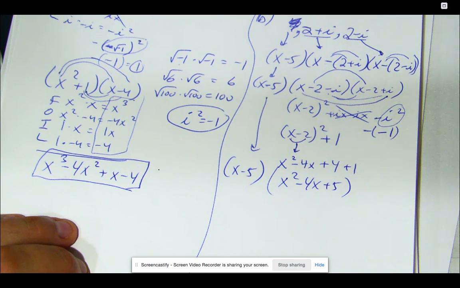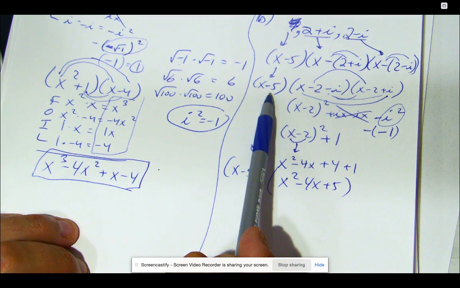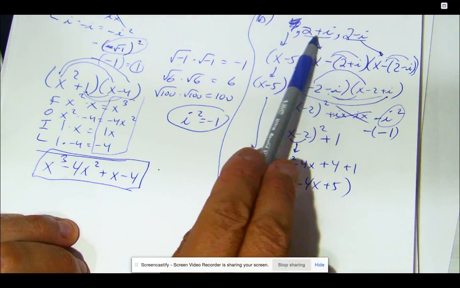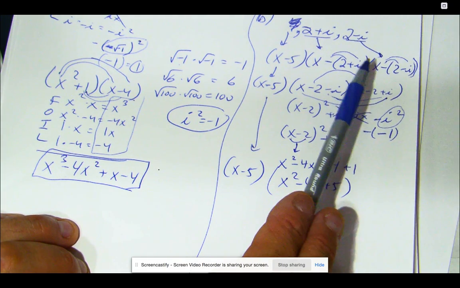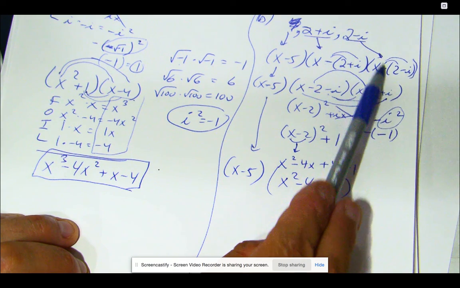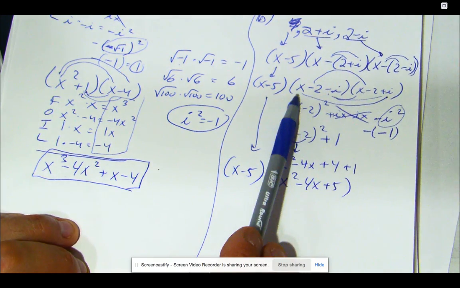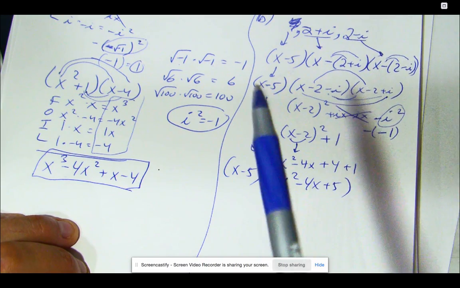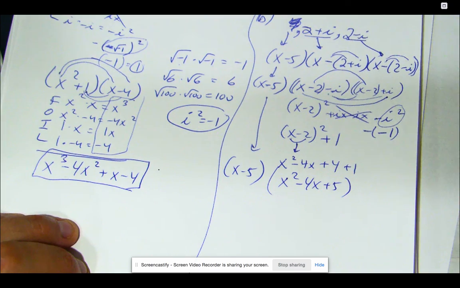Okay, so to recap what we've done, I changed the 5 into x minus 5. I changed the 2 plus i into x minus (2 plus i), and this one, the 2 minus i, into x minus (2 minus i). I distribute the negative to both of them. It gives me this whole thing. Now, I FOILed them, kind of like putting the x minus 2 in parentheses.